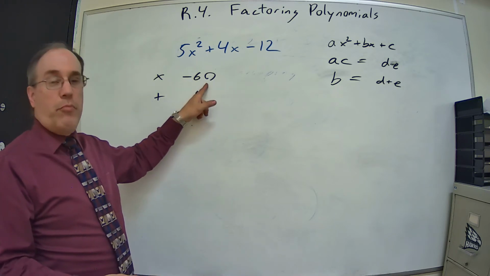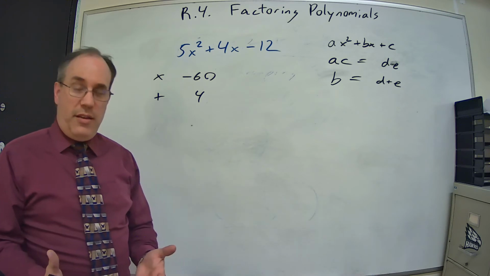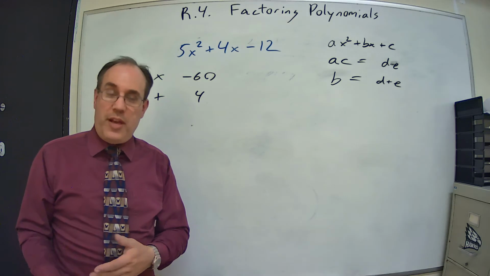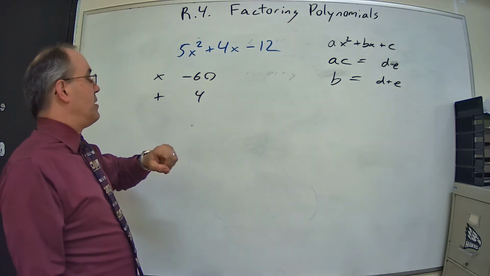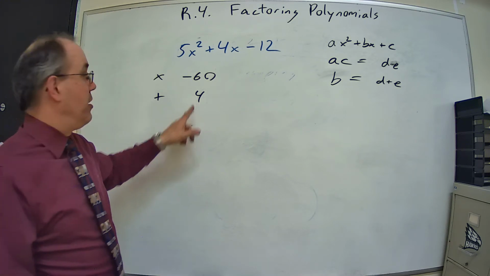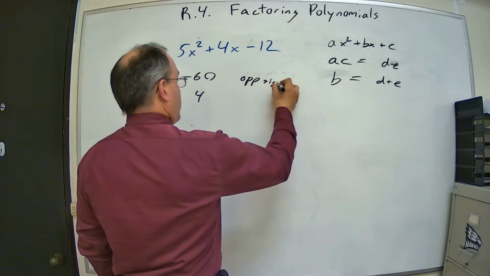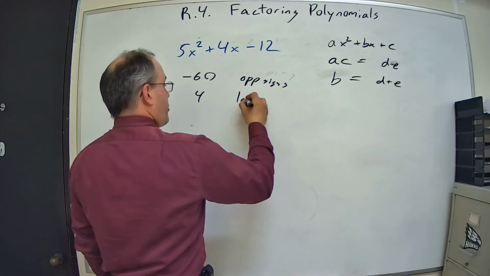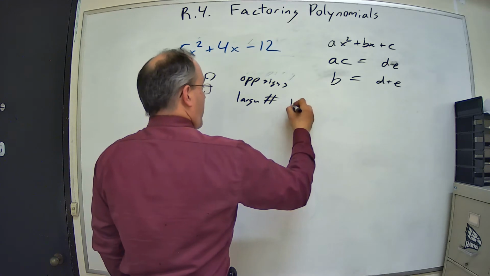If two numbers are going to multiply to negative 60, then they must have opposite signs. If they're both positive, you're going to get a positive result when you multiply. If they're both negative, you're going to get a positive result too. So we know they have to have opposite signs, and they're going to add to a positive 4. So this tells me opposite signs, and this tells me that the larger number is positive.